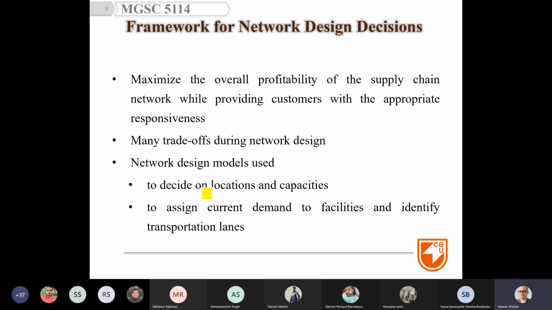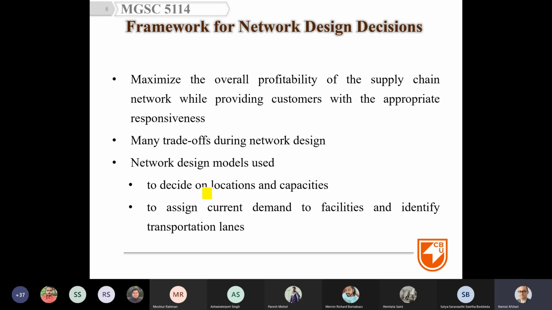Okay, so we learned about the importance of network design, and also about the factors contributing to network design, the influencing factors. Now we want to talk about a framework. What do we mean by framework? A framework is a kind of structure, a kind of process that you want to use in order to make network design decisions.